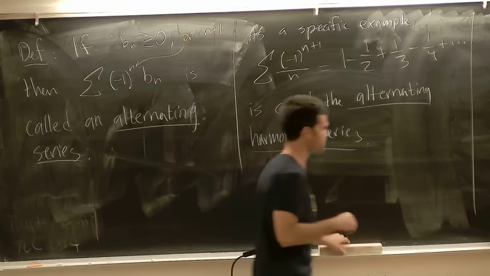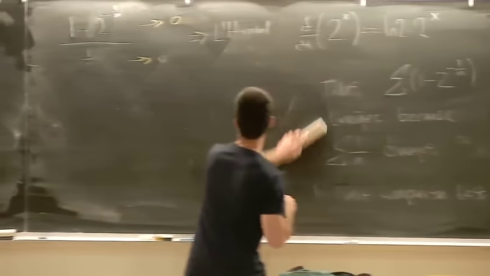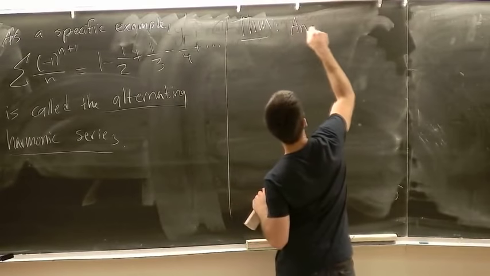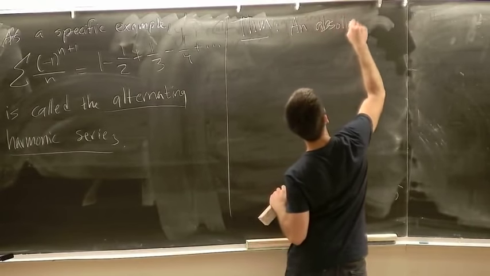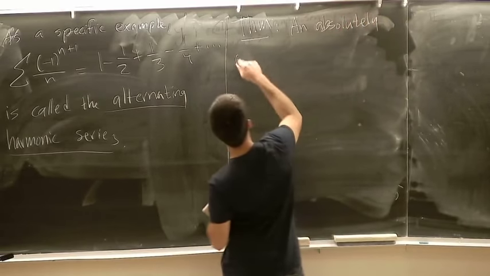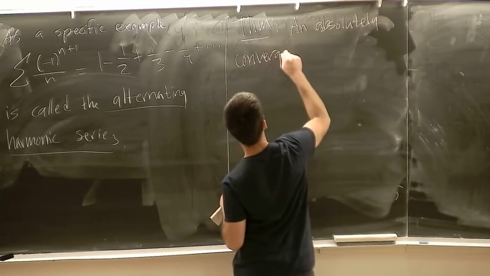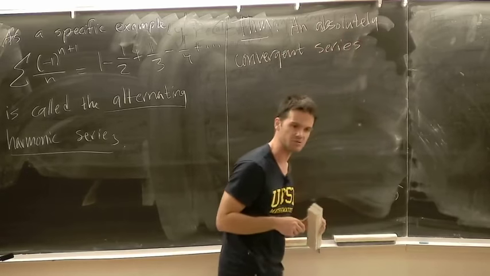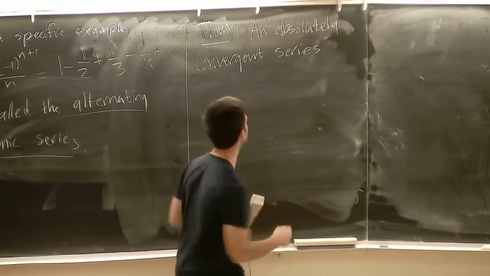Like I just said, absolutely convergent series are really good because of the following theorem. An absolutely convergent series converges. If it's absolutely convergent, then it's convergent.